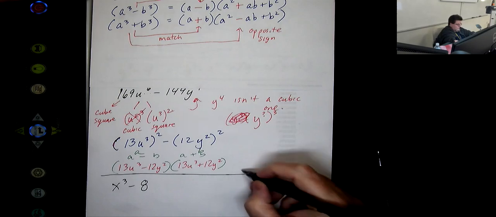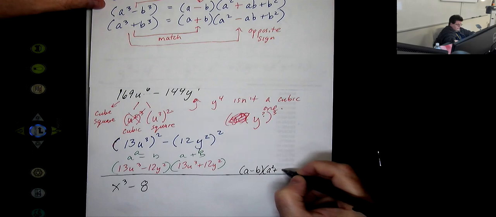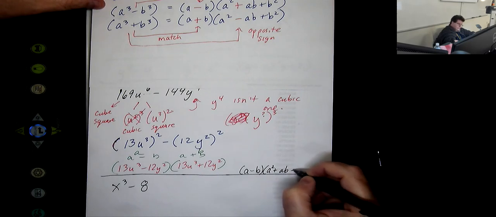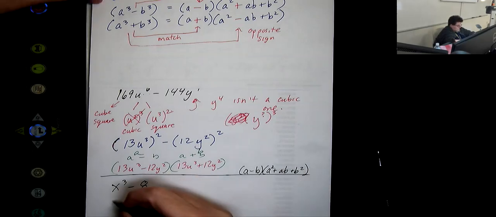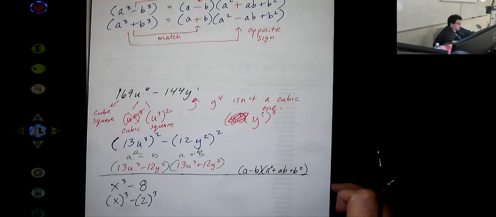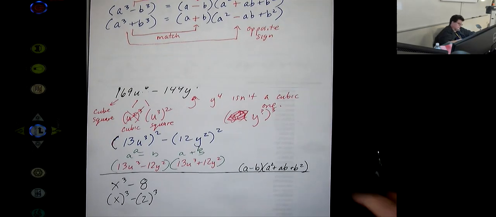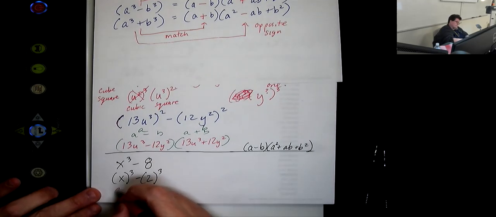So I am looking for writing it in this form, which means I need to know what A and B are. The x is the cube thing here. 8 is 2 cubed. So my A is my x, and my B is my 2.